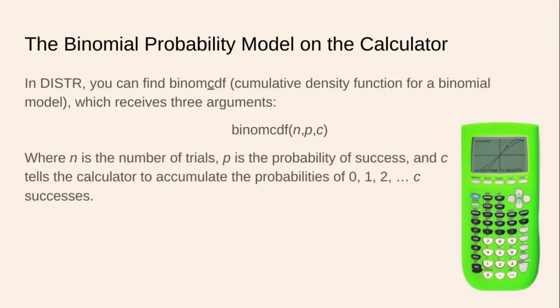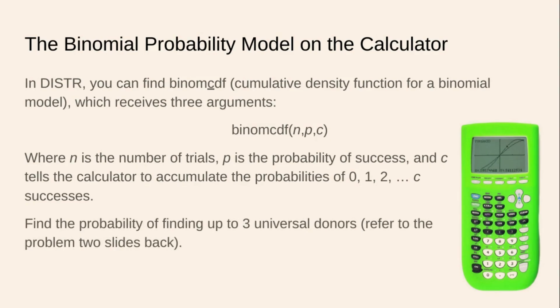And this is what's cool. N is the number of trials, duh. P is the probability of success, same old, and C tells the calculator to accumulate the probabilities of no successes, 1 success, 2 successes, all the way up to C successes. So instead of doing a bunch of computations, binom CDF does many at once, and you specify how high you want to go.